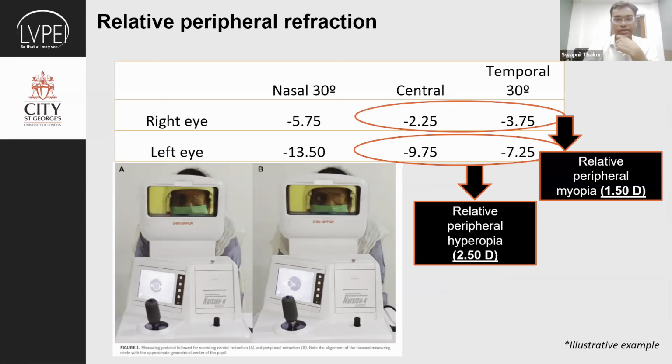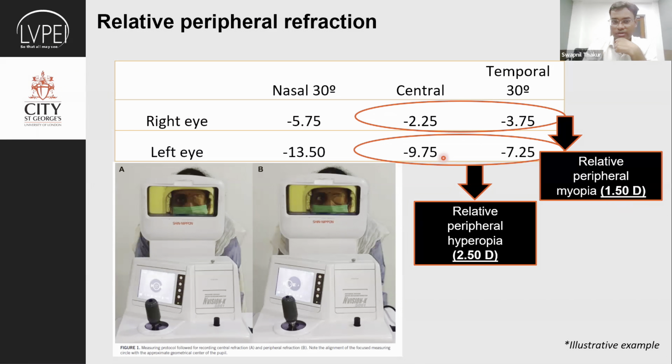So I'll go through one example here. This is an illustrative example. Let's say in the right eye we have minus 2.25 diopters of correction, and the left eye has minus 9.75 diopters, while we do refraction at nasal 30 degrees and temporal 30 degrees. Let us only focus on temporal 30 degrees. In the case of the right eye, if the central portion is minus 2.25 and the temporal portion is minus 3.75, then it is an indication of relative peripheral myopia of 1.50 diopters.